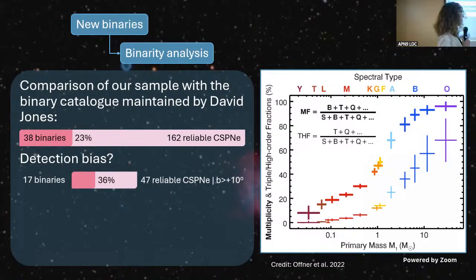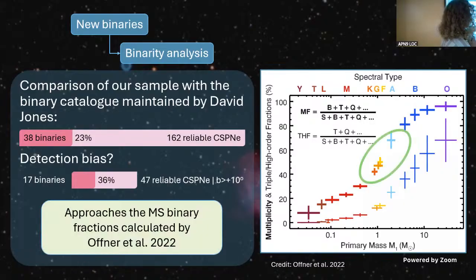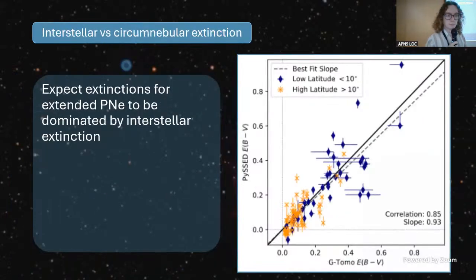We add 1 to that. And so we speculate that there could be some bias in our binary detection based on greater surveying in the north. But we find a binary fraction of 36% north of the galactic plane, which is then approaching the main sequence binary fractions calculated by Offner et al. in 2022. So that region in the graph is what's relevant there.